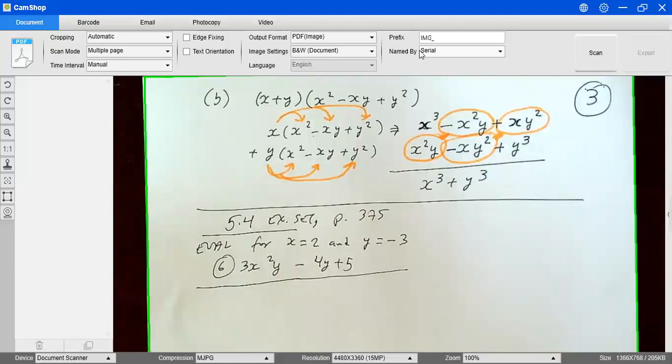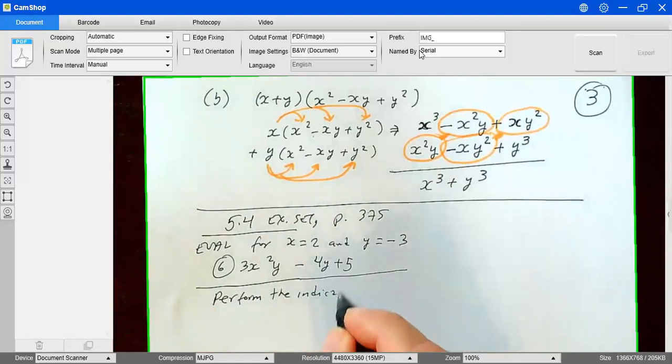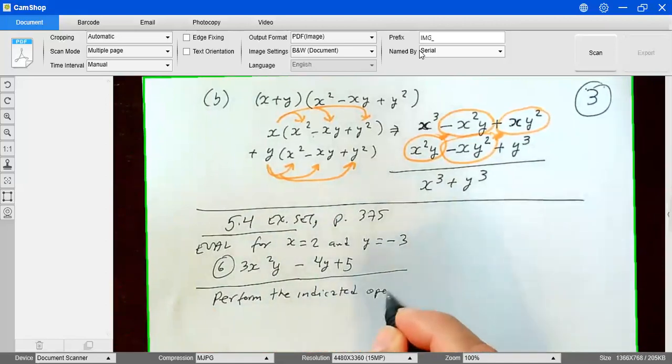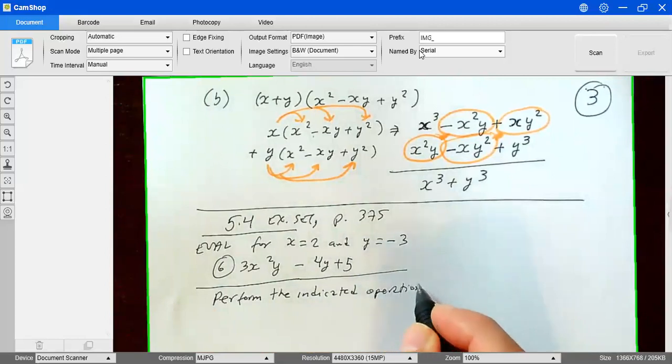Then in the remaining exercises, you're gonna perform the indicated operation and obviously simplify.